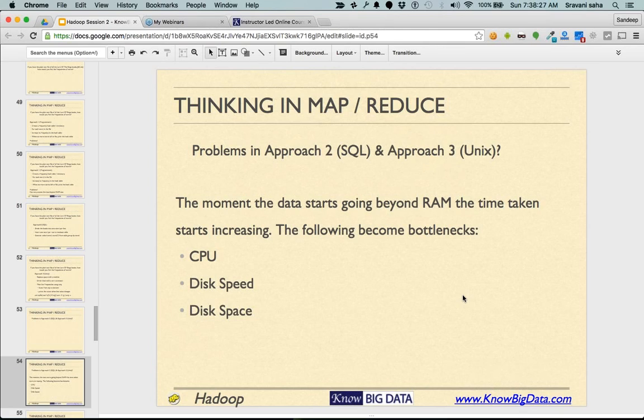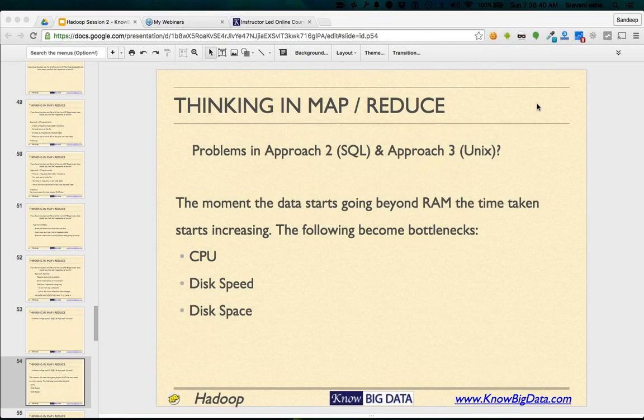So if one process is sorting the data and another process is reading the data into memory, the time taken will be mainly in reading from the disk. So these three things will become the bottleneck.